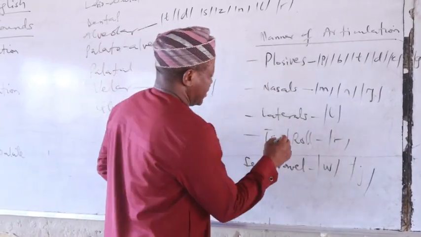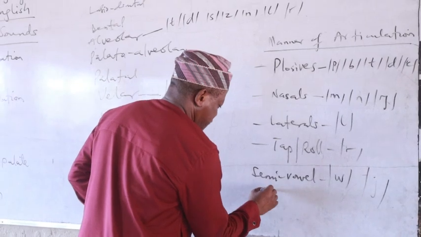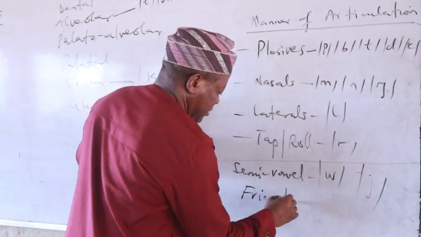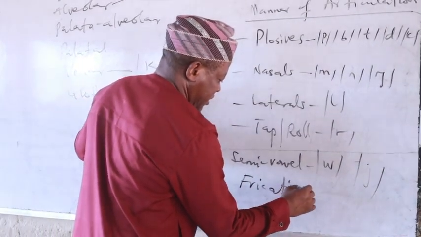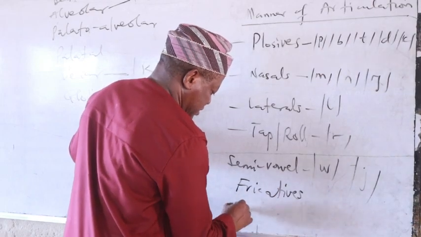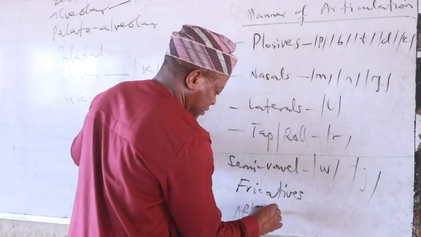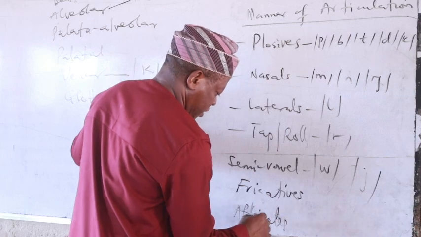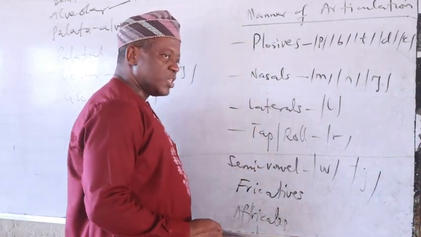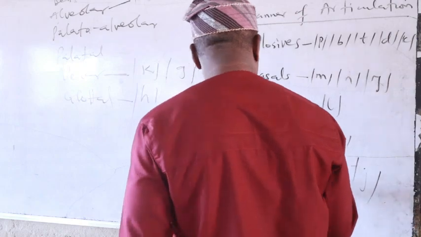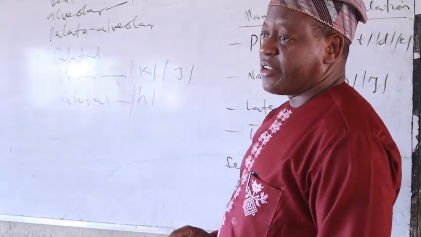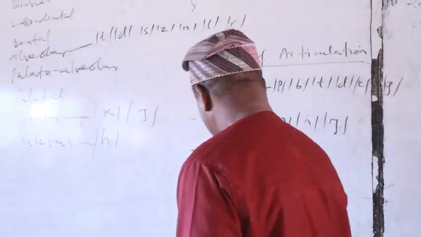We have fricatives and affricates. In the case of fricatives, you try to block the air, but it continues to come.